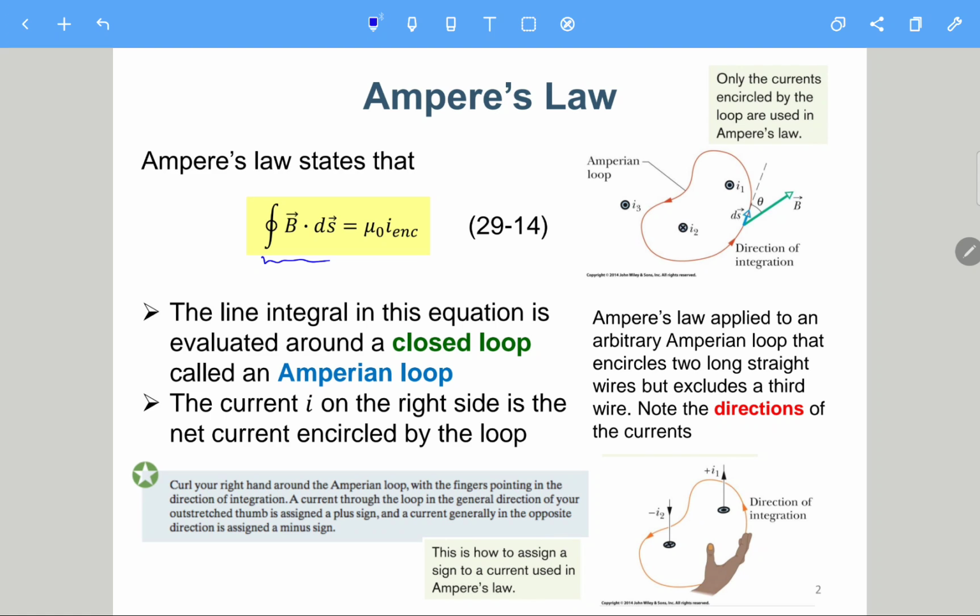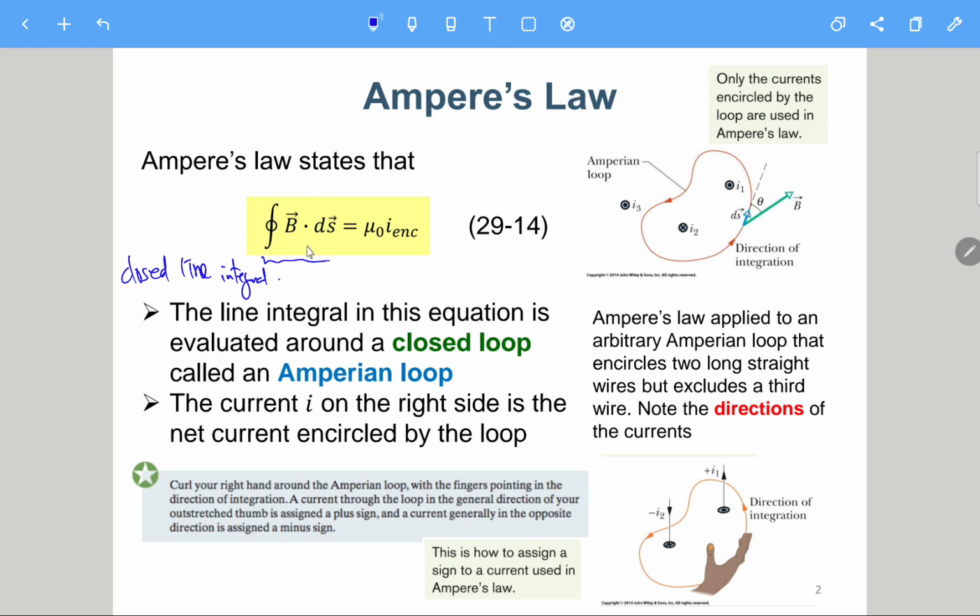So this is actually a closed line integral. For Gauss' law, we have a closed surface integral, and when you consider the current, you still need to do some sort of surface integral. But here we would like to determine the line integral rather than the surface integral.